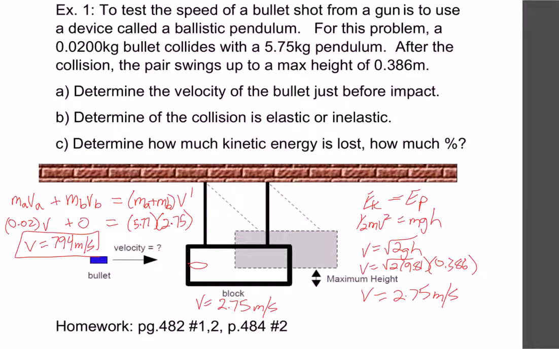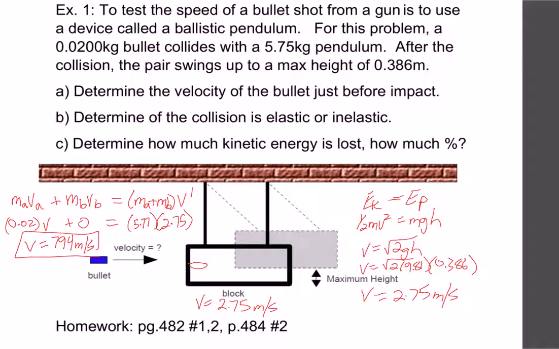So that's part A. So we've calculated the velocity of the bullet before it hits the block of wood just by using conservation of momentum. So now part B, what we want to do is figure out if the collision was inelastic or elastic or not.